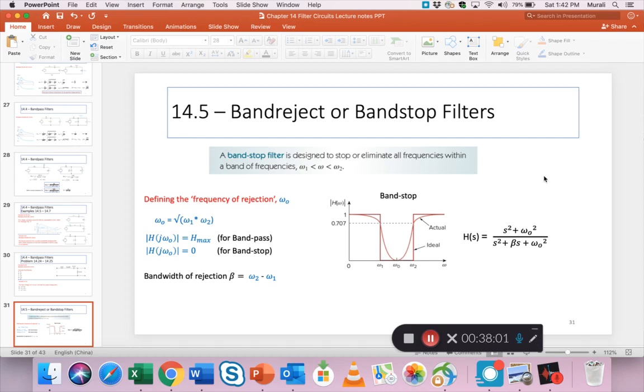Okay? Now, I guess the picture is clear enough. At omega 0, we dropped. So this entire band between omega 1 and omega 2 is being stopped.